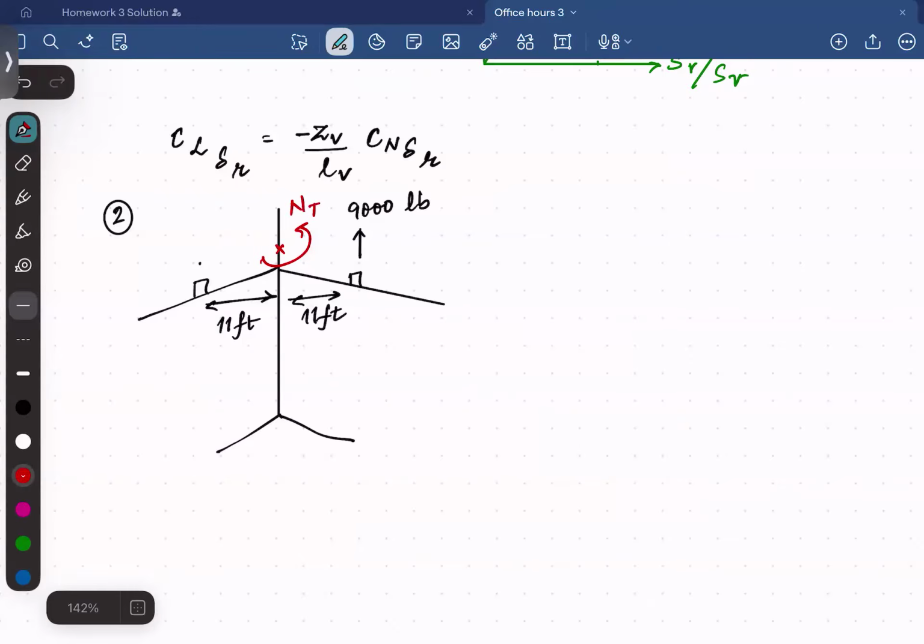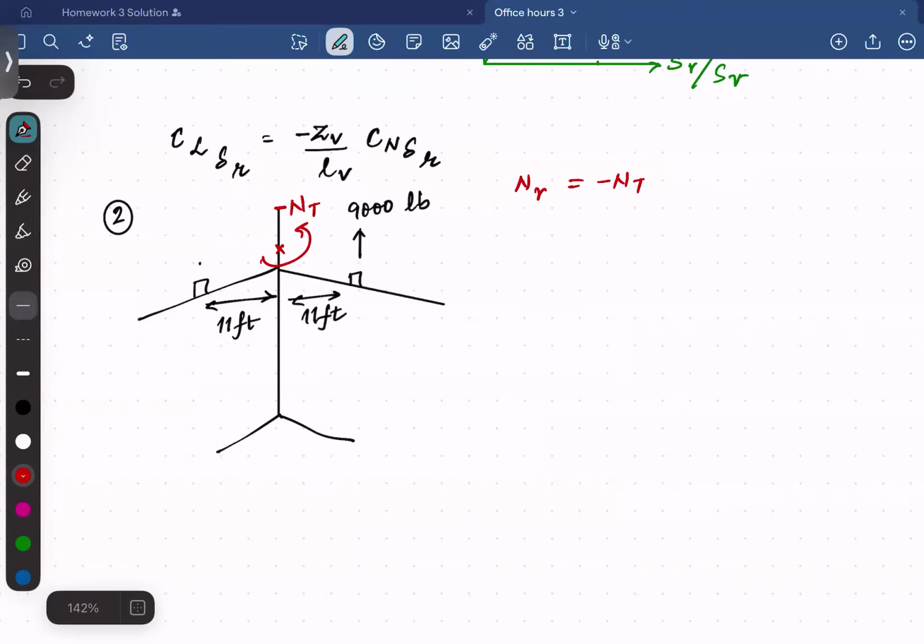And as you can see, Z positive is Z downwards, so this is going to be a negative yawing moment, right? Which means that the yawing moment that I require from my rudder should balance out the yawing moment due to the thrust.